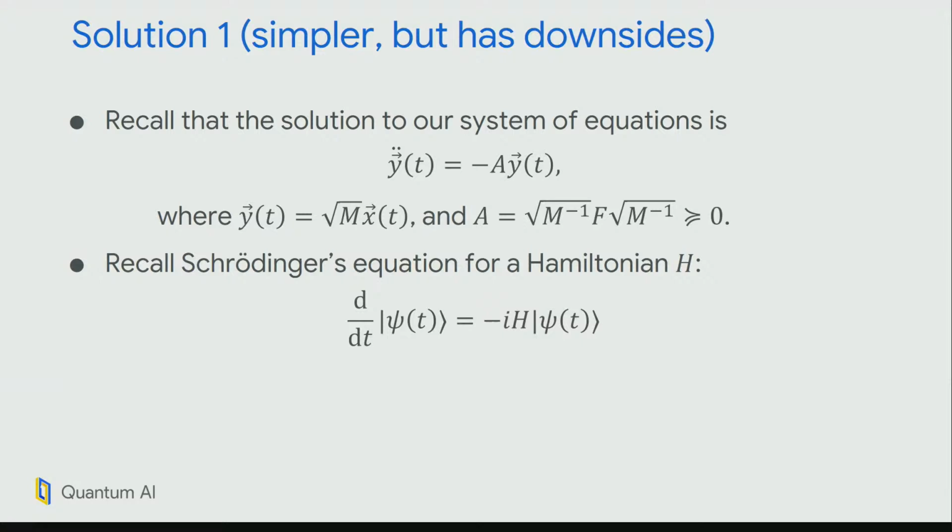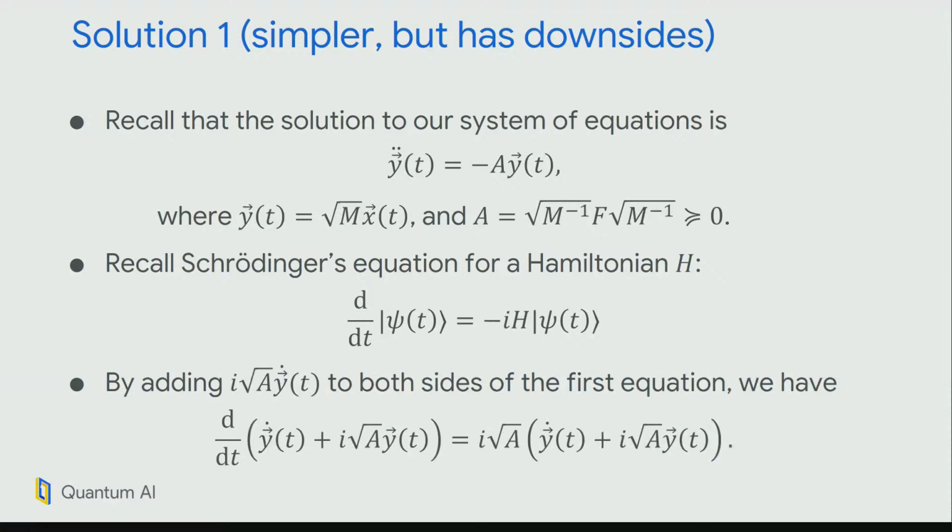There's one way to see this. It's kind of a trick. It may not make that much sense, but I'm just going to add the same term to both sides of this equation. The term I'm going to add is i square root A y. What you'll see is the left-hand side has two terms, which is the second derivative of y and i square root A y first derivative.